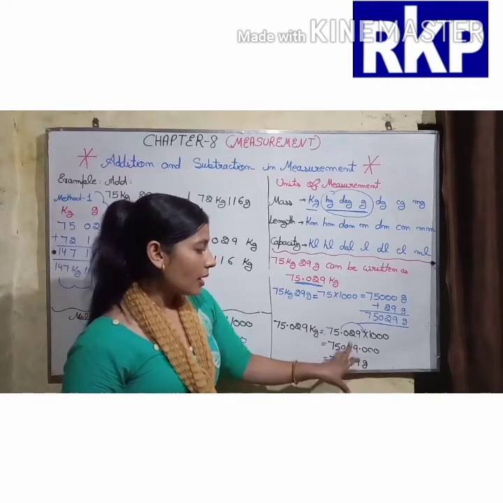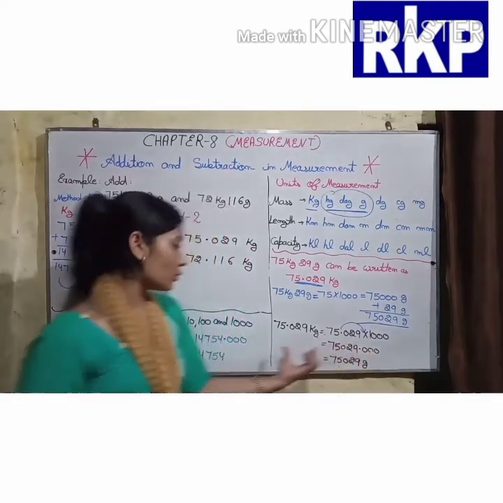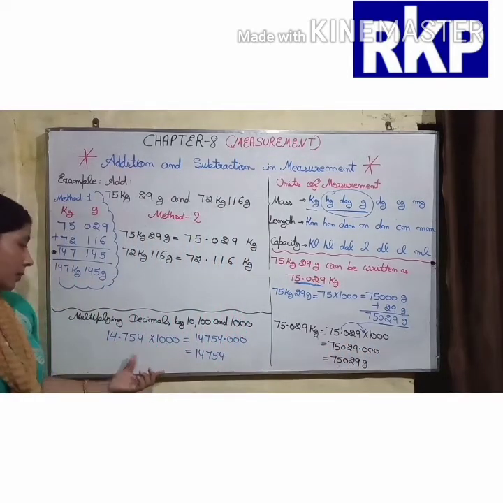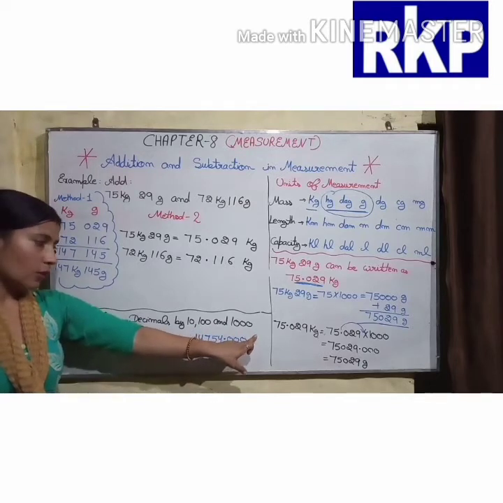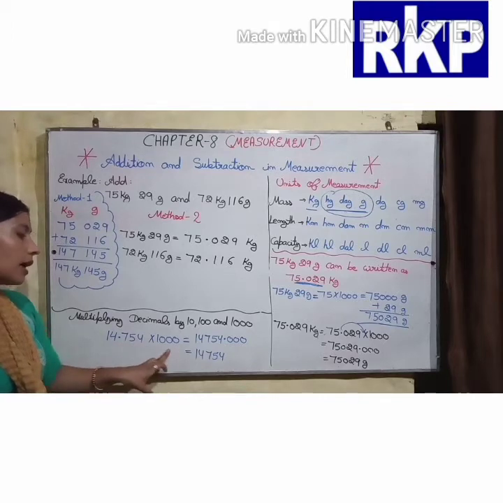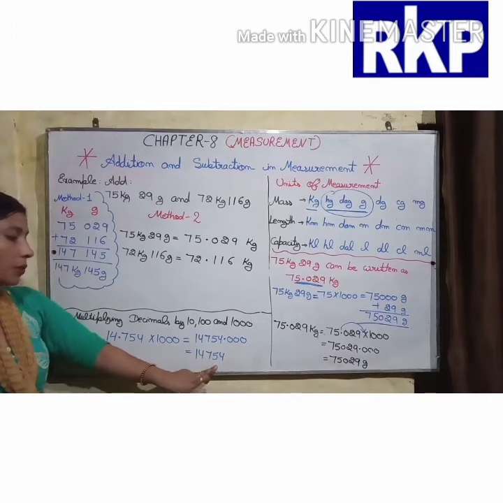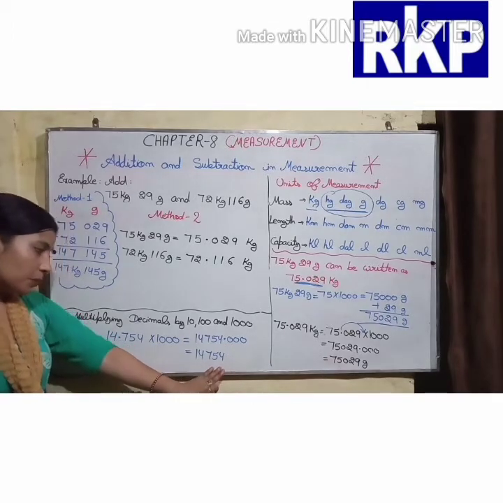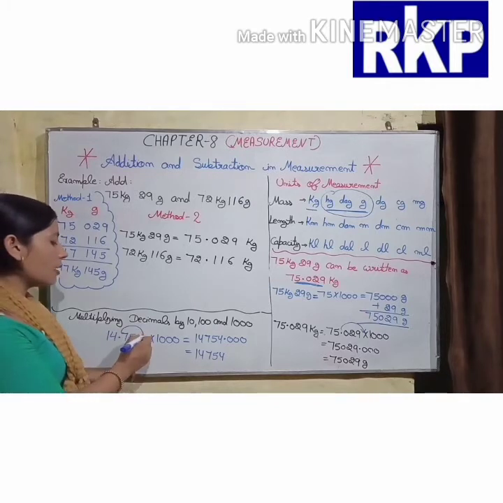Okay, and beta, the multiplication I showed you here we have already discussed before. Okay, here you can see multiplying decimals by 10, 100 and 1000. If you multiply 14.754 with 1000, then we get 14,754 as an answer, because when we multiply any decimal number with 1000, we shift the decimal point 3 digits to the right side.